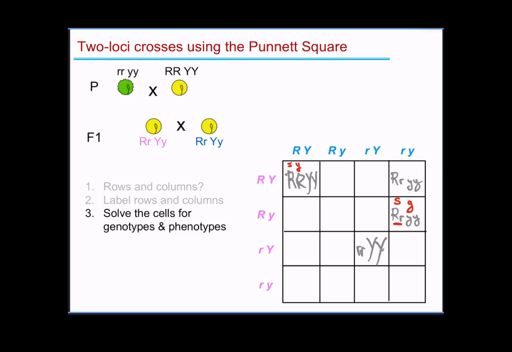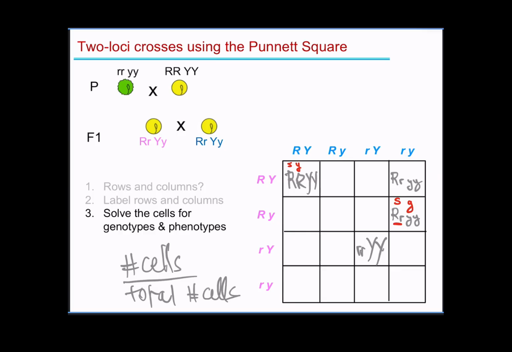And also remember that the actual proportions that you're looking for are the number of cells that show what you're being asked. Let's say your cells of interest, in the sense that those are the cells that you're interested in, divided by total number of cells. In a full dihybrid cross, that total number of cells will be 16.